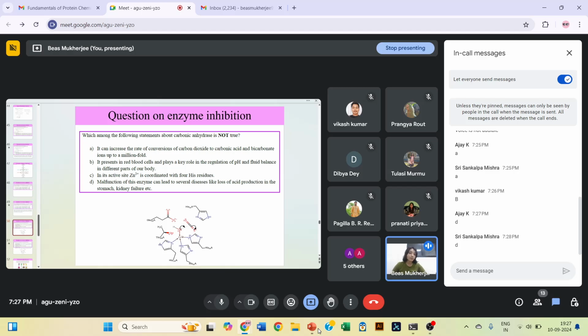Look at the clue properly. Very simple. Clue is also given. Try to answer.